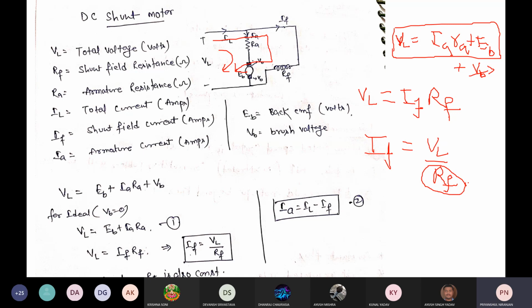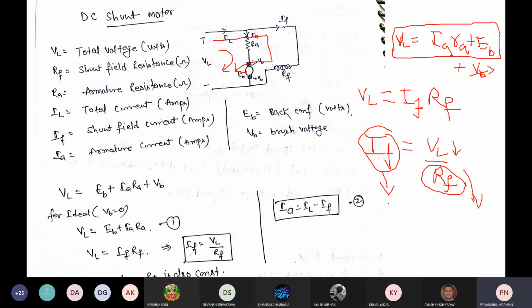When you wind the wire, after that is it changeable or fixed? Constant. So yes, RF is constant and VL is also constant, because VL is the electrical supply. So you got that IF is constant.